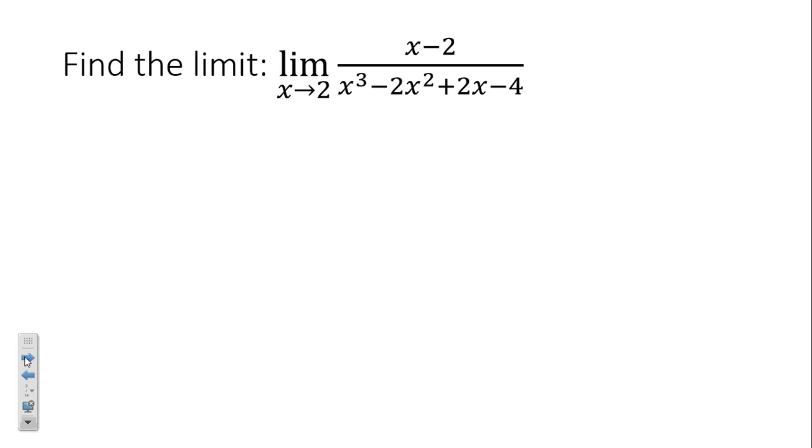So next example. How are we going to find the limit as x goes to 2 of the quantity x minus 2 over the quantity x cubed minus 2x squared plus 2x minus 4?